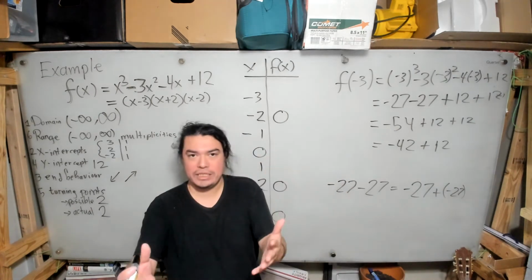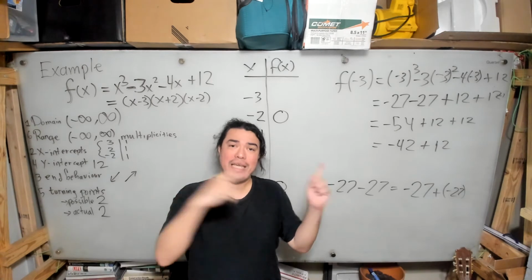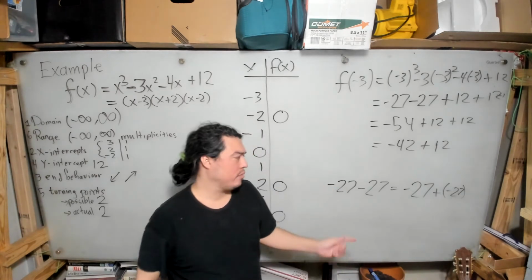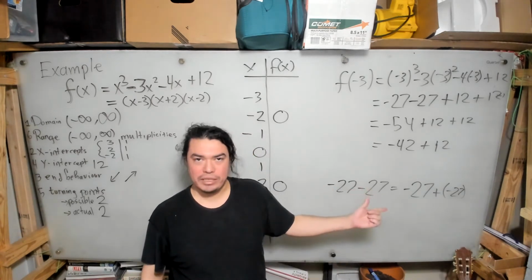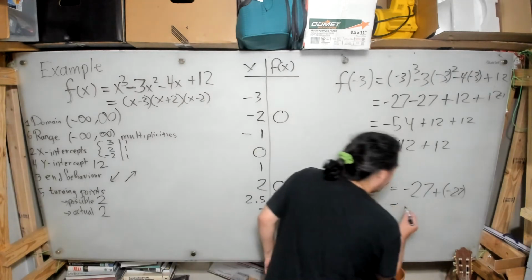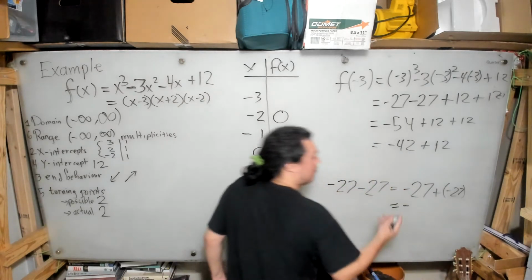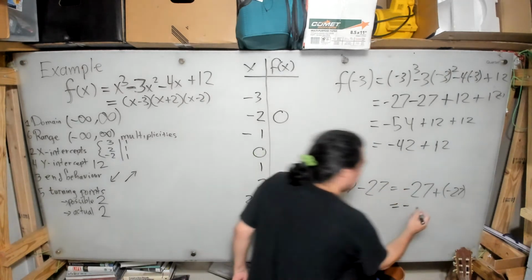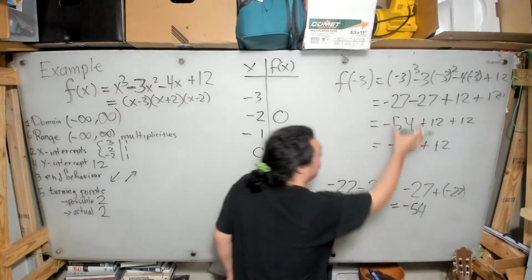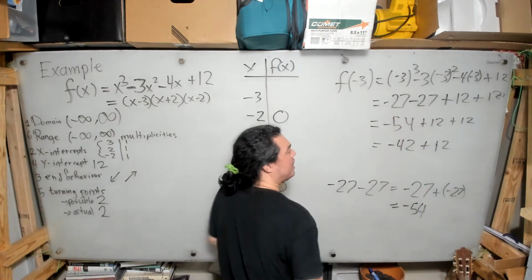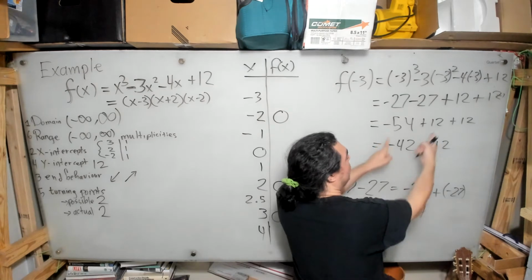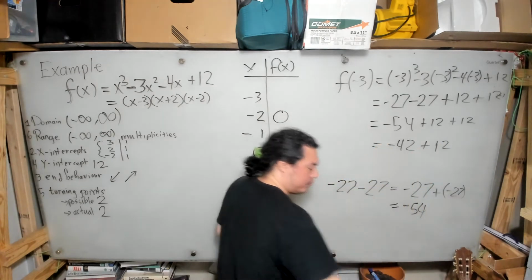So in other words, 27 plus 27. And we keep the common sign they have together. In this case, it's a minus plus a minus, so it'll become minus, and then 27 plus 27, that's the 54. So that's how I was able to get that. And then how did -54 plus 12 become -42?